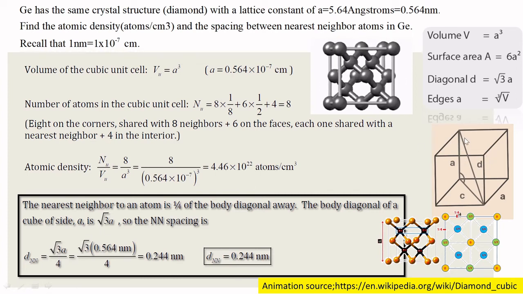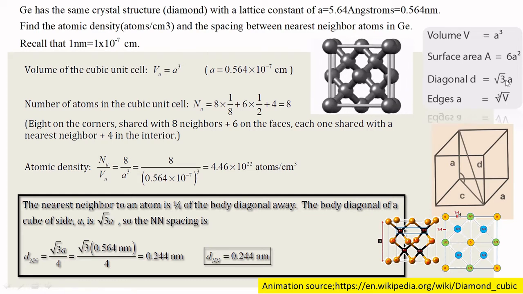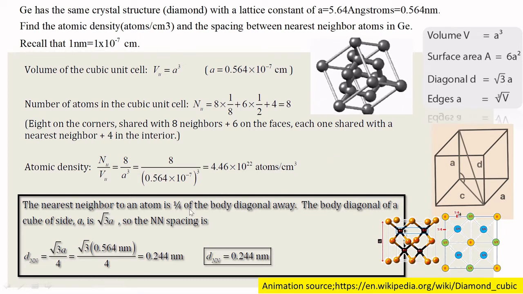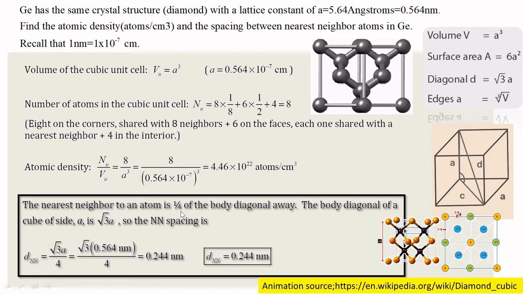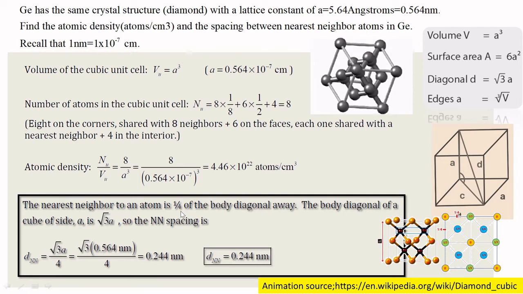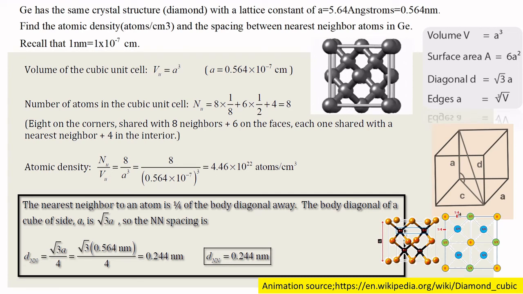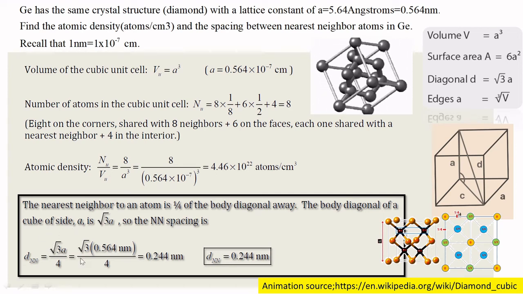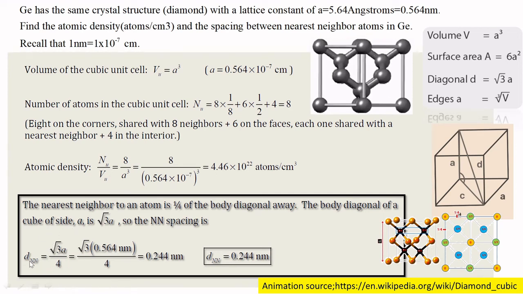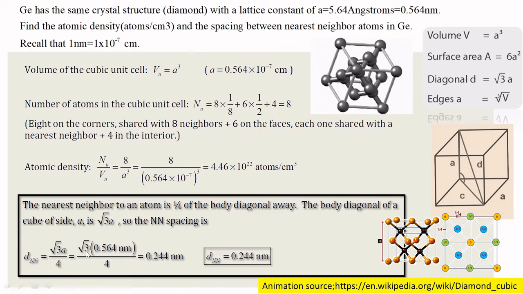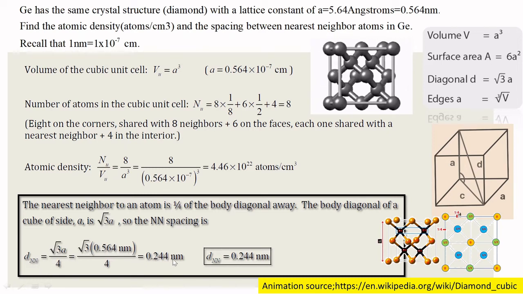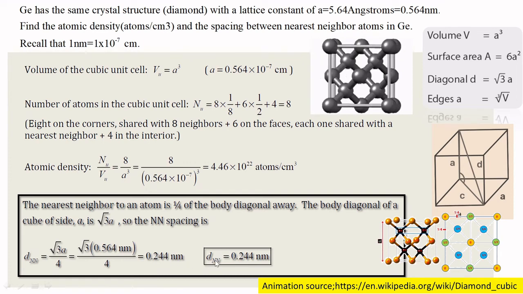The diagonal of the cube is root 3 a. The nearest neighbor is at 1 by 4 of the diagonal, so the diagonal multiplied by 1 by 4 gives root 3 a by 4. That is the nearest neighbor distance. So root 3 into a gives 0.244 nanometer. That's it.